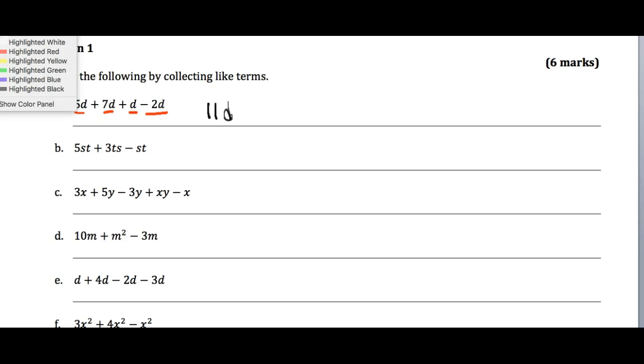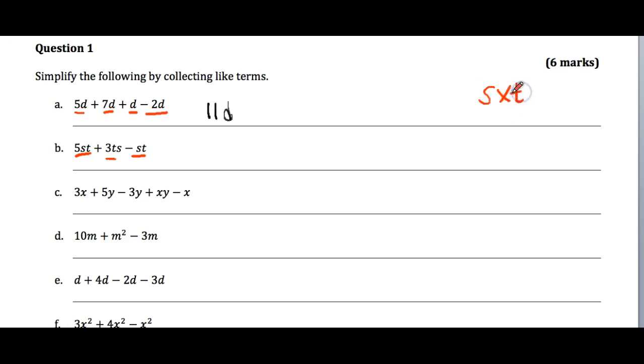All right, the next question, I'm going to underline again in red the like terms. The first one, we have 5st and we have minus st here, but ts is the same as st, because we have an imaginary multiply sign in there. If we had t times s, that is also equal to st, because it doesn't matter the order that you're multiplying it.